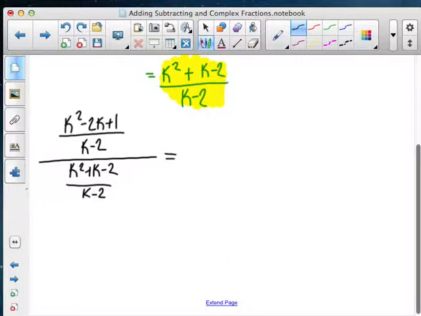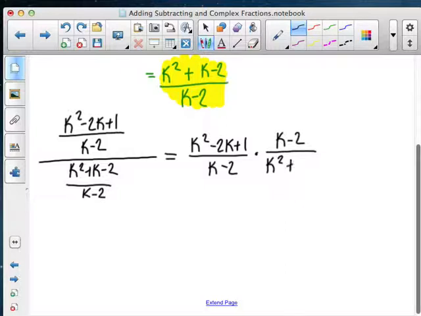So this becomes multiplied by the reciprocal: k squared minus 2k plus 1 over k minus 2 times, flipping the denominator to multiply by the reciprocal, k minus 2 over k squared plus k minus 2. So let's do some factoring here. Let's see if we can cancel something.